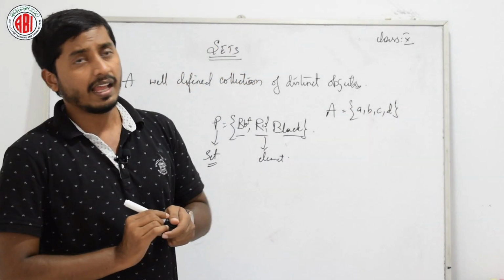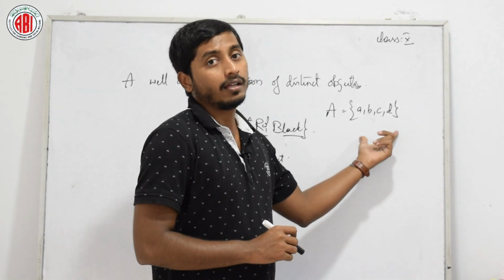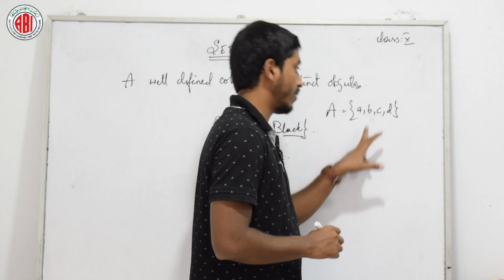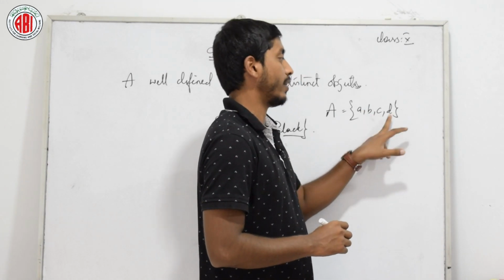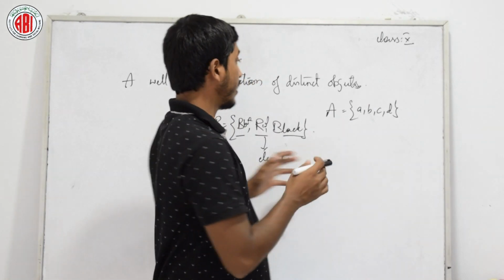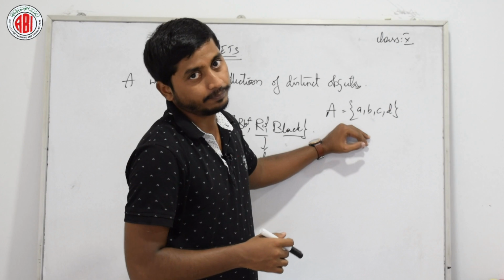Is it clear? And try to remember, the whole set should be in a flower bracket, separated with commas, that is this is one element, this is one element, this is one more element, right? This is how we give the notation for a set.